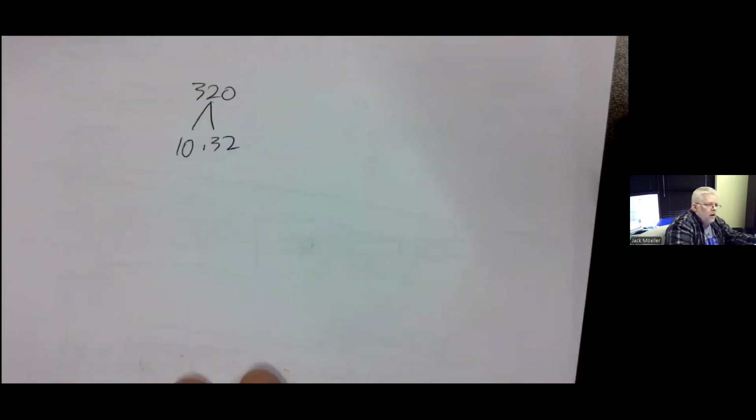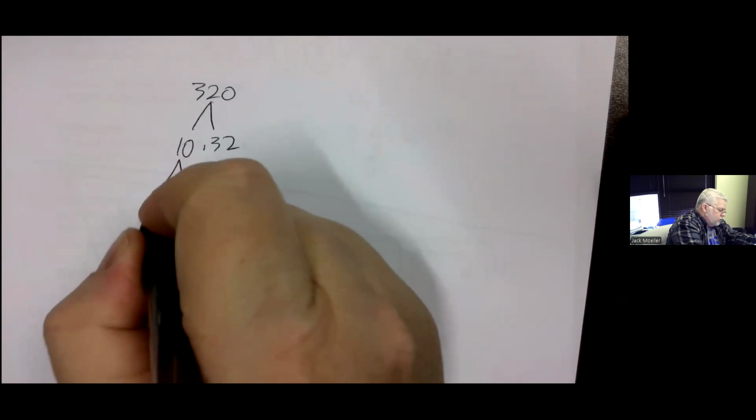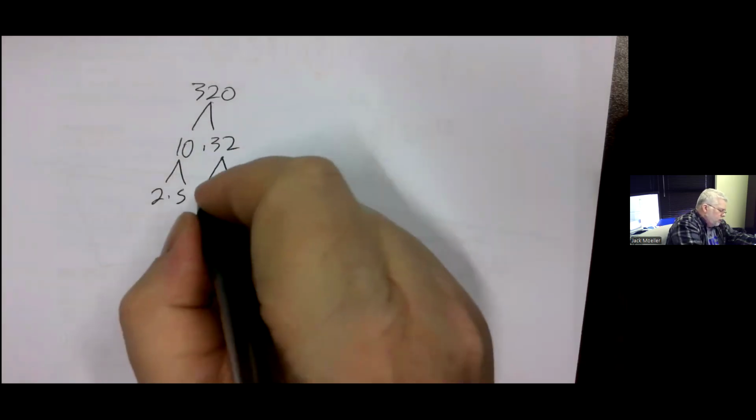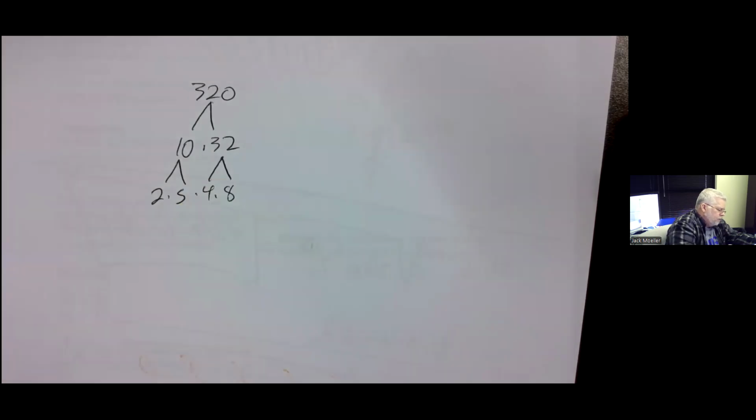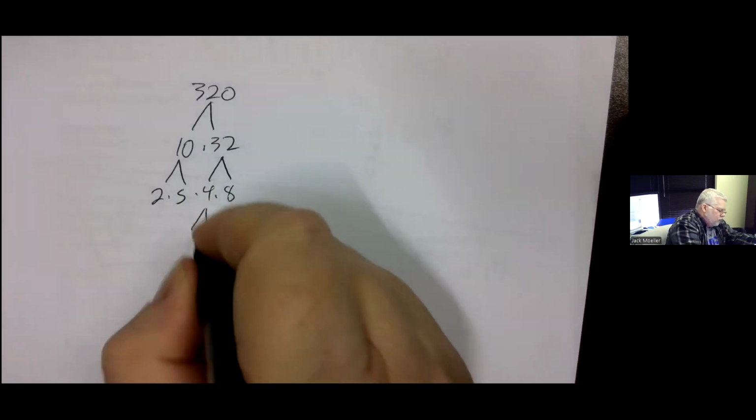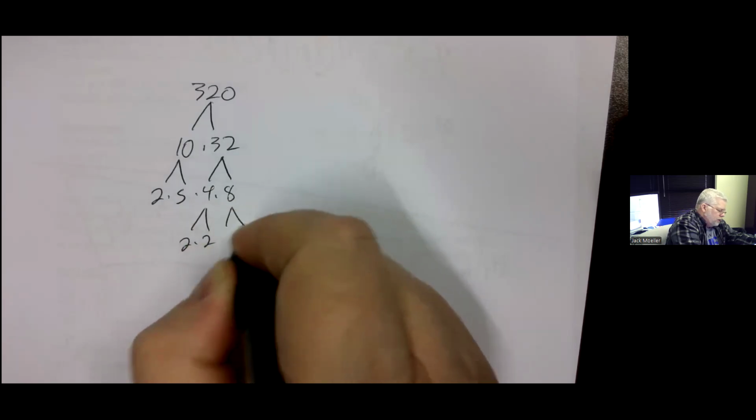Yes, it is even, so you can start with 2, but if you start with 2 on a big number like this, you can have a lot of branches. I like to start with 10 because that has a 0 in it. And then 10 is 2 times 5, 32 is 4 times 8. And then 4 is 2 times 2, 8 is 2 times 2 times 2.